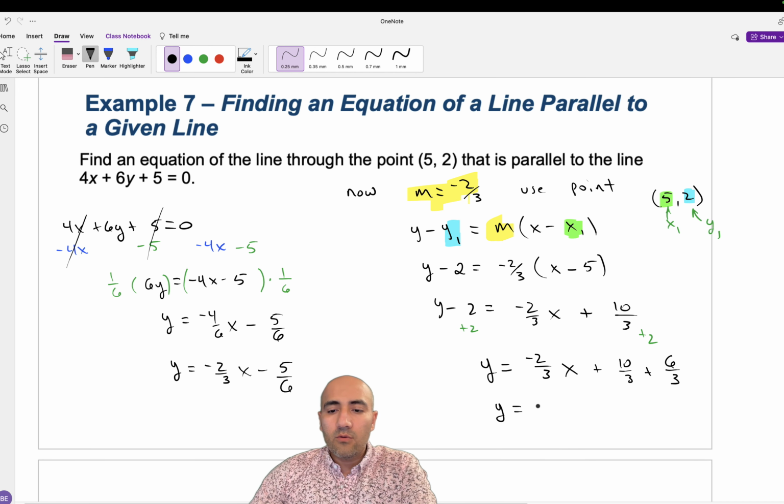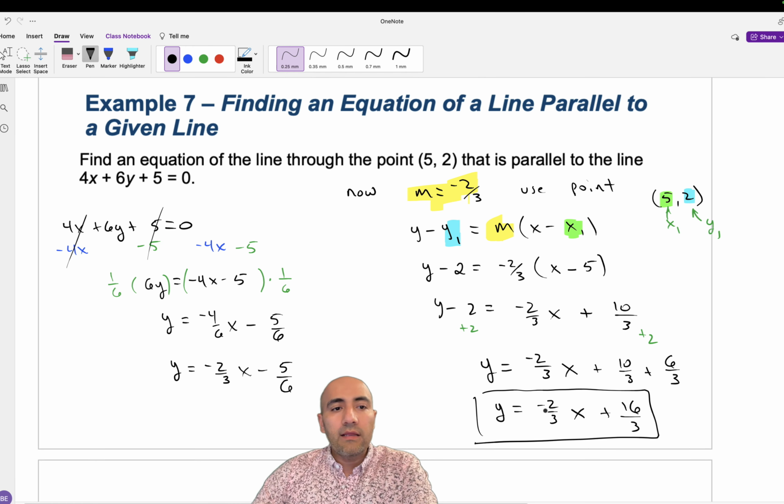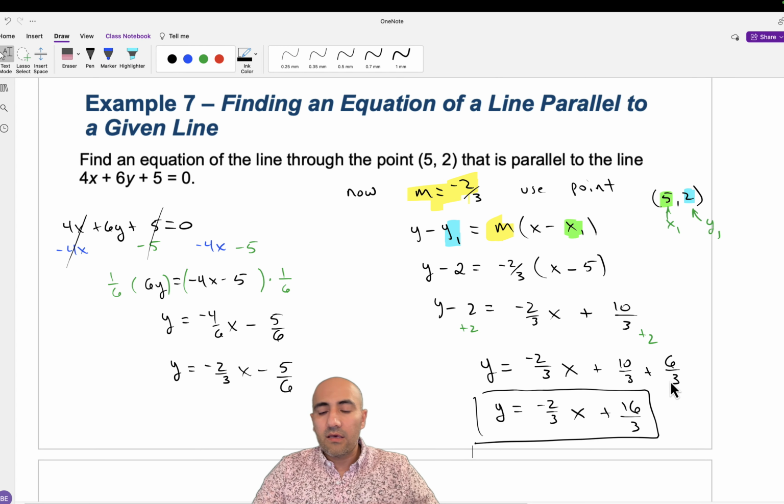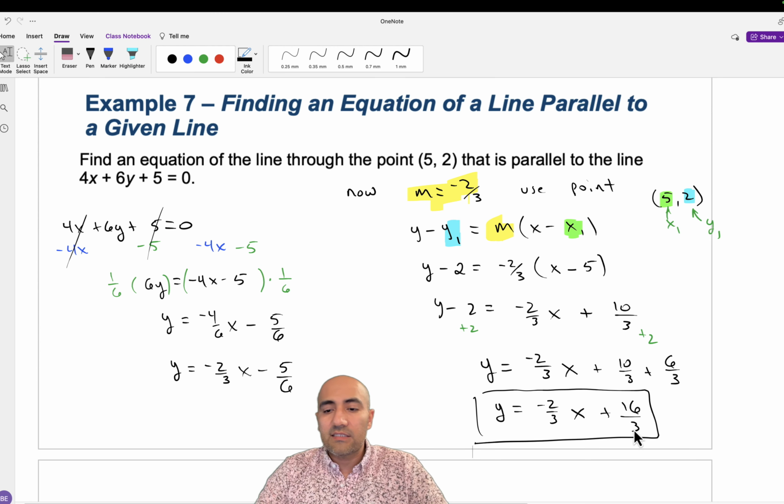So y equals negative 2/3 x plus 16/3, and that's our answer. This is the equation of a line parallel to this one that also goes through this point. Okay, so they have the same slope, but the y-intercept is going to be 16/3.